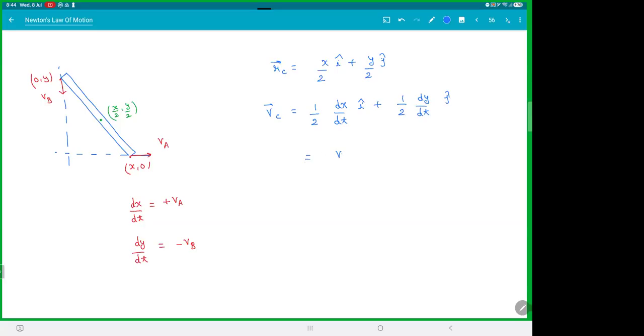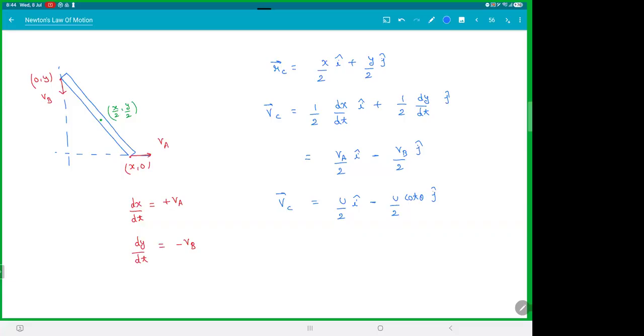And dx by dt is va by 2, and this is minus vb by 2. U by 2 i cap minus u by 2 cot theta j cap. That is your velocity of the center.